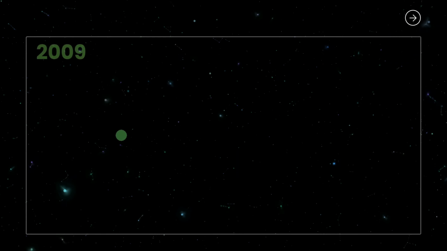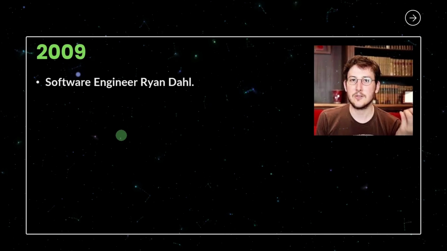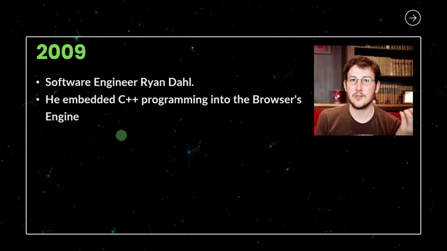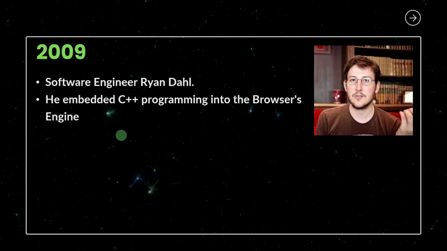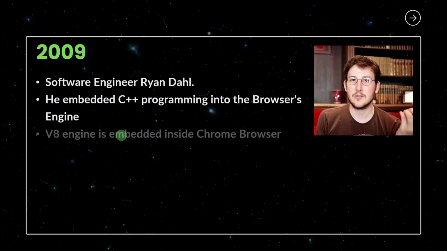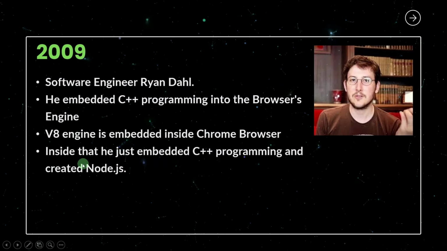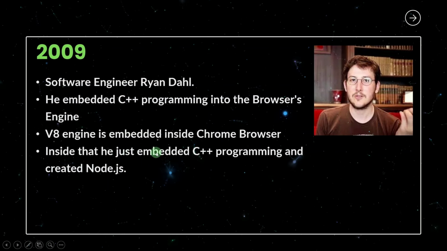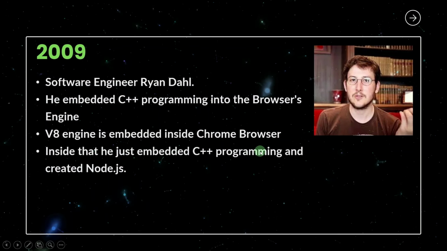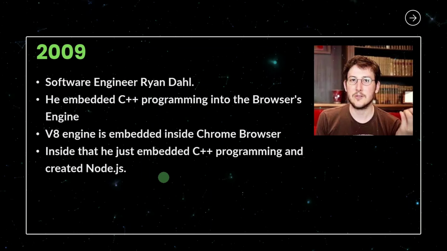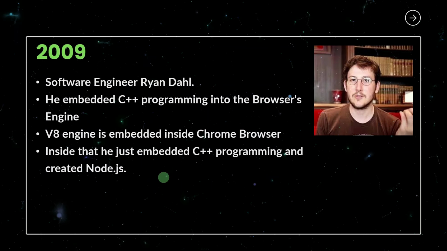So how was Node created? In 2009, software engineer Ryan Dahl embedded C++ programming into the browser's engine. The V8 engine is embedded inside the Chrome browser, and inside that he embedded C++ programming, and with that he created Node.js, due to which JavaScript got more power.